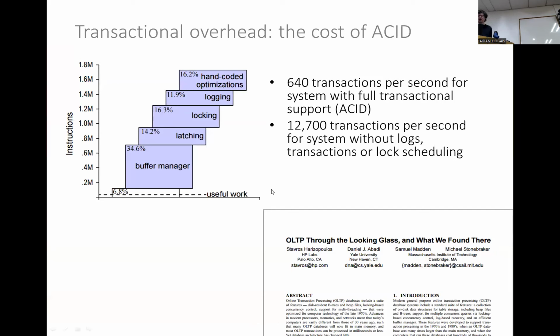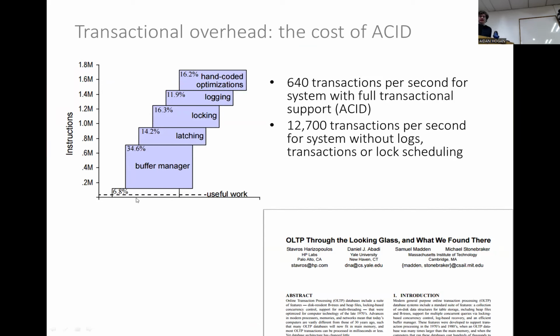So we have different types of guarantees we could look at. Based on this paper, just to give an idea of some of the transactional overhead: they did some analysis, taking an in-memory database, which I think is important to mention. But the work of giving the ACID guarantees and supporting transactions was deemed to be quite high.